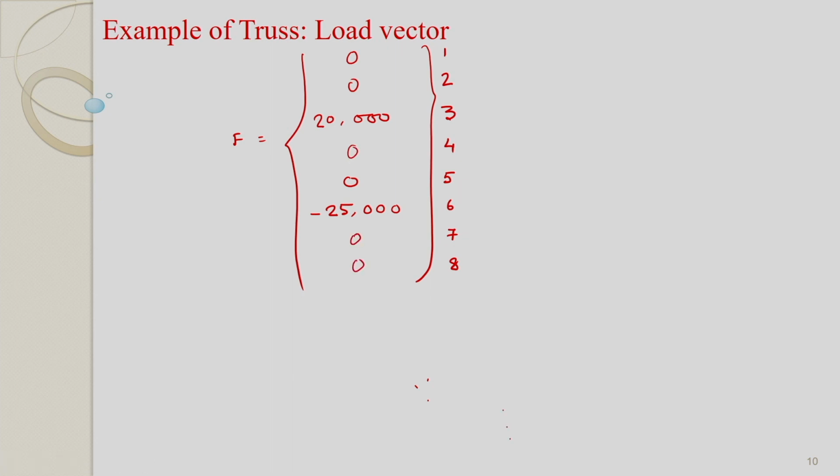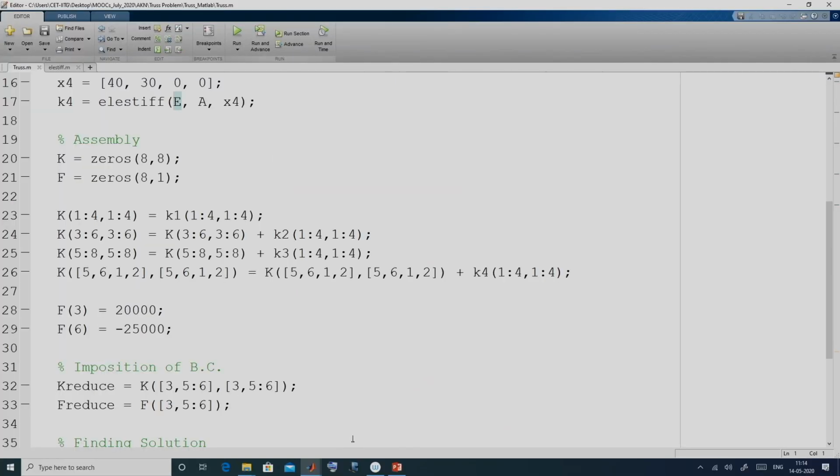So, this is our global load vector. If we see in the MATLAB code, here first I assign a 0 vector of 8 cross 1, then at the third position and sixth position I give those respective point load values.